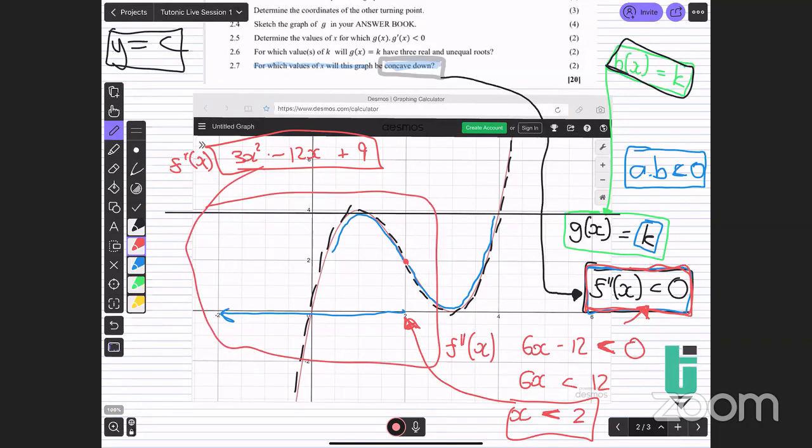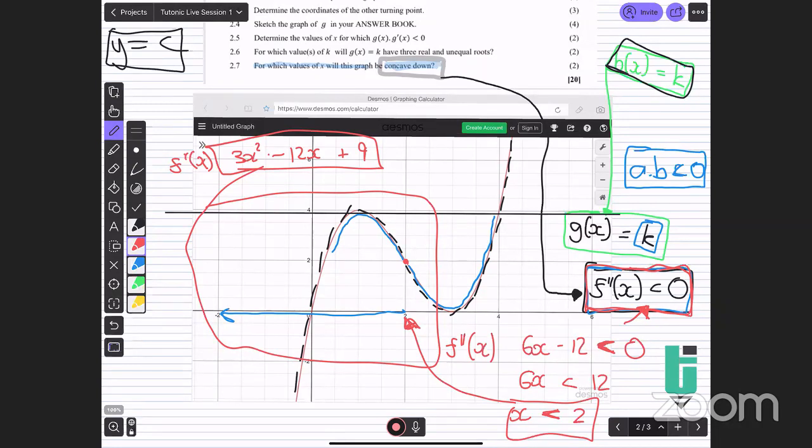So what you're doing now is you're developing skills. You're developing tools. Depending on the information that they give you, you have different options at your disposal. So if I asked you how can I find when it's concave down, you can say the second derivative is smaller than 0, or you look where the graph is below the tangent.